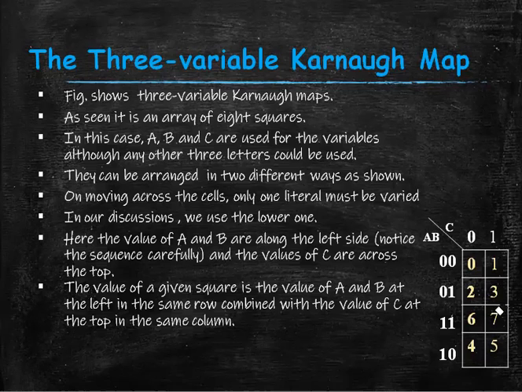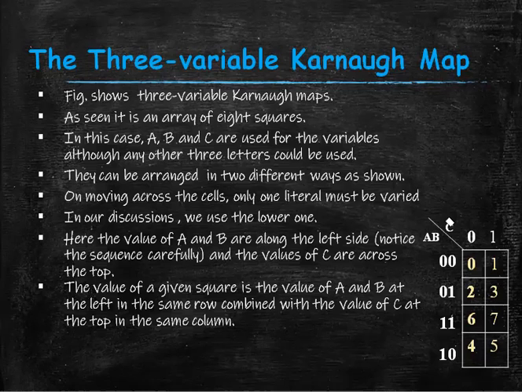For the position of 7, it is A, B, C. And for the position of 3, it must be equal to A bar, B, C. Keep in mind that when we see a 0, there must be a bar.